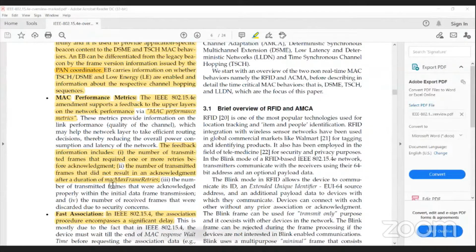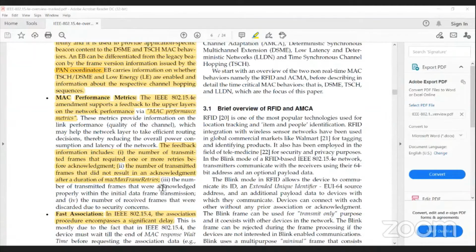So the MAC frame trace is something that applications may want to use and say, hey, I think the link is bad. We need to do something else to ensure that this packet goes through successfully to the other side. So you can use these kinds of levers, where you may want to trade battery energy for reliability and so on. That's very important feedback information out there.